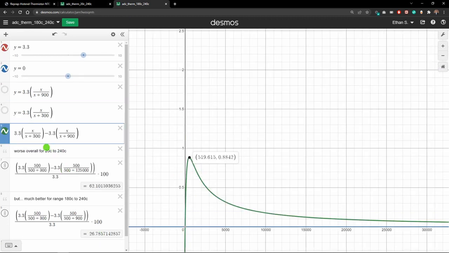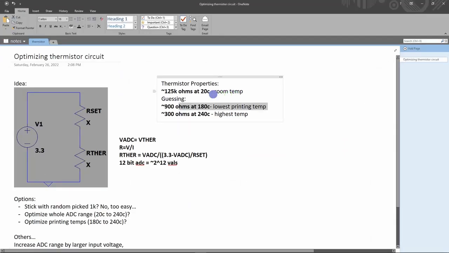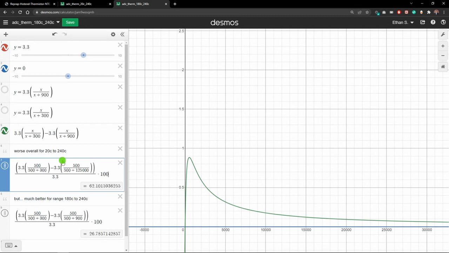So overall, for the 20 to 240C, we chose 500 ohms. Plugging in the 125K and the 300, which is the range for the room temperature to the highest temperature, we can see that it's not better than the other one, it's actually worse overall.